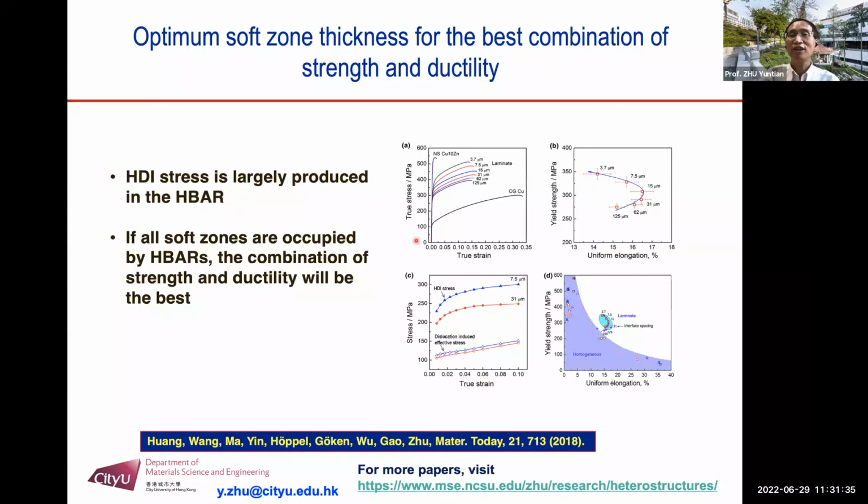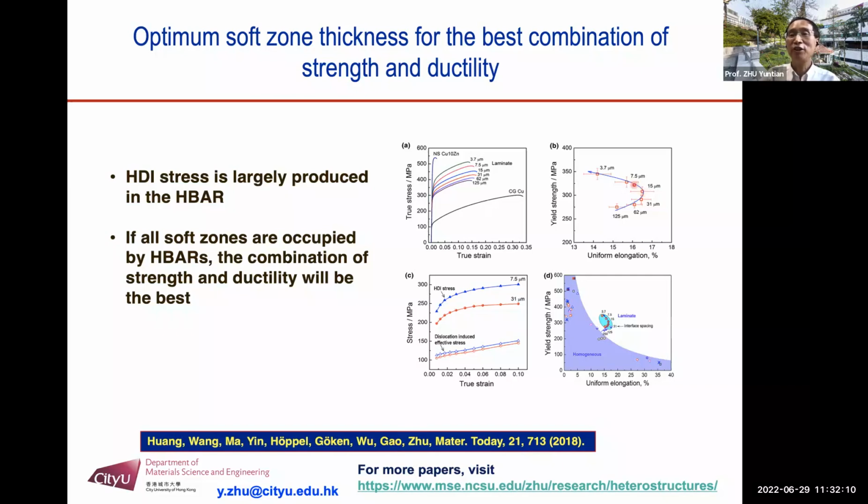Here you can see as the interfacial spacing becomes smaller and smaller, from initially 150 micrometers, both uniform elongation, ductility, and the yield strength initially increase. However, when it reaches the optimum thickness, about 15 micrometers, you have the best strength and ductility combination.